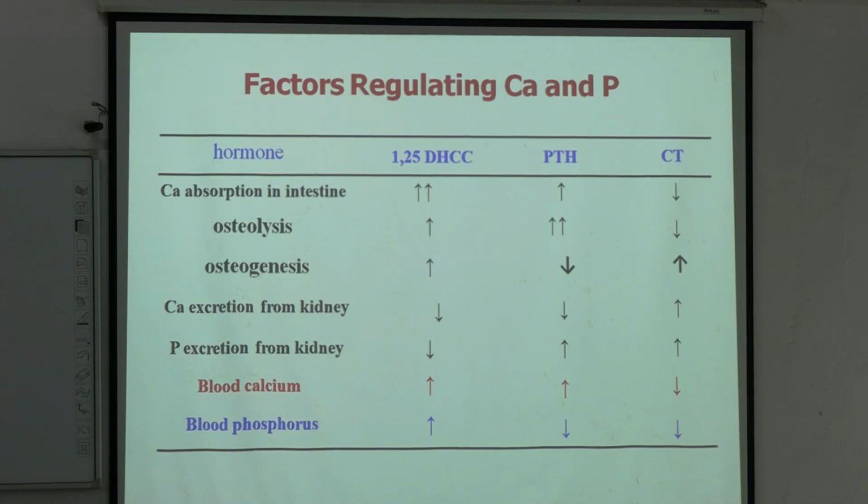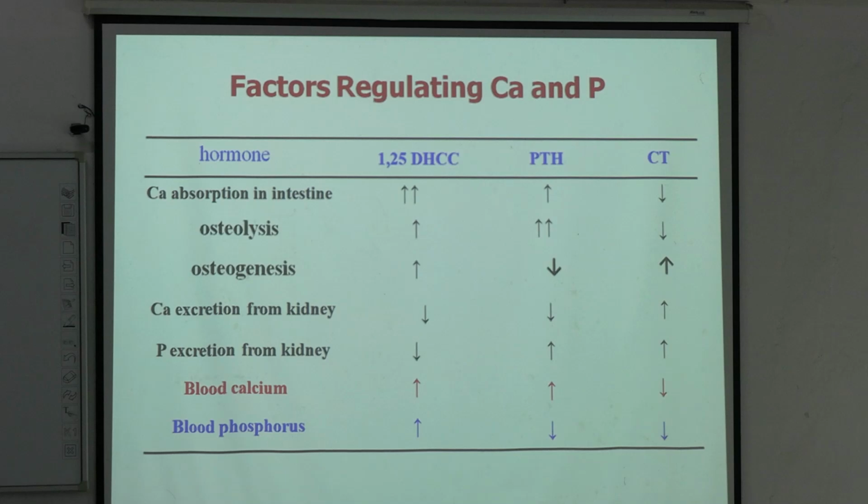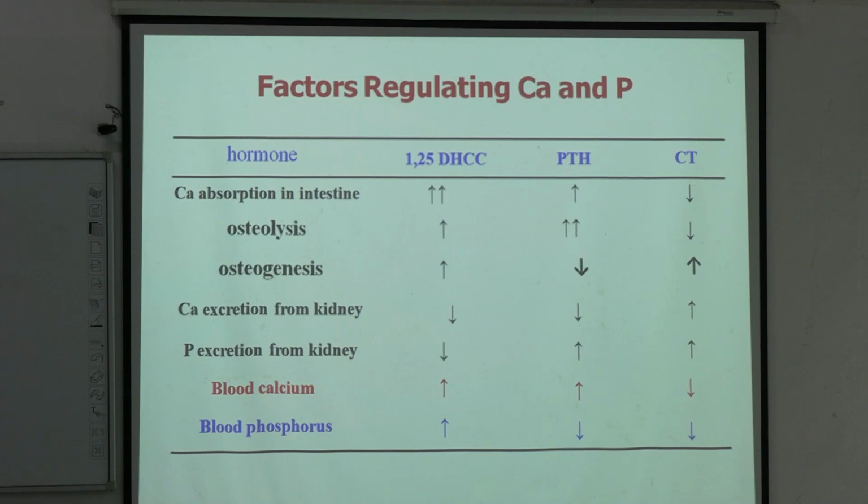Right? Blood calcium level is easy, you know, and phosphorus level is similar to the calcium effect, except PTH, which has the opposite effect. Right? So PTH will decrease or increase opposite to vitamin D in both cases, calcium as well as phosphorus. Fine. Now you have to remember a few conditions.